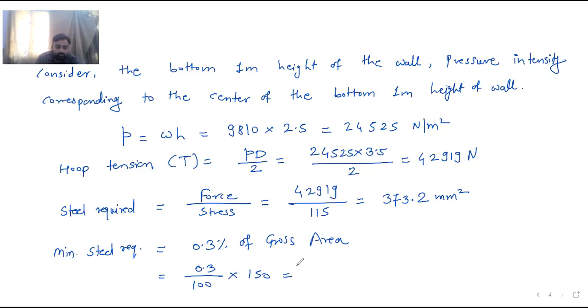Here, if you do this calculation, what is the answer? 0.3 divided by 100 into 150. Here the thickness of wall is 150 and we have taken the height as 1 meter.